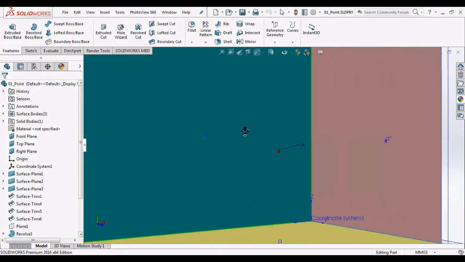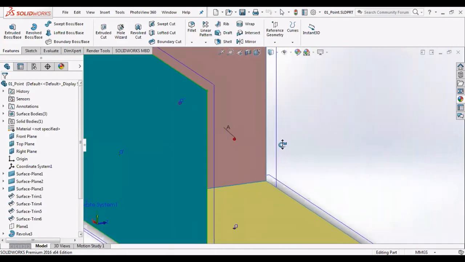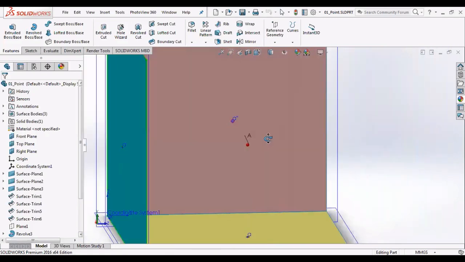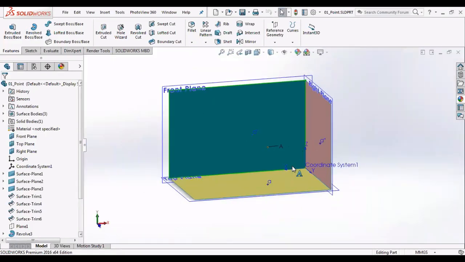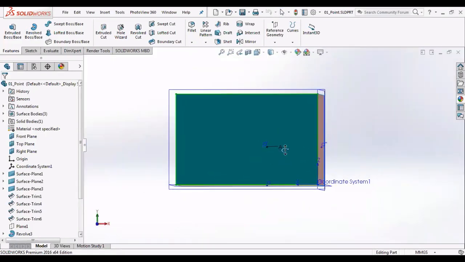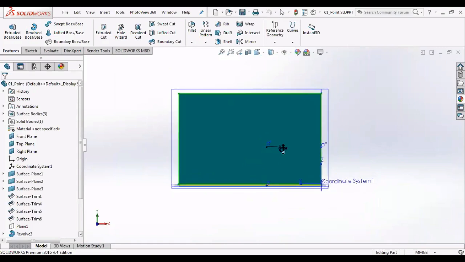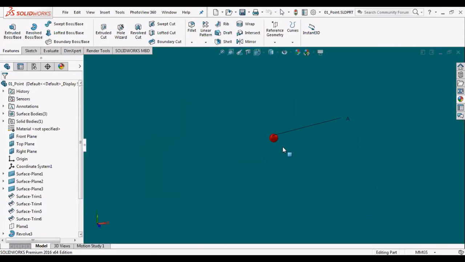It doesn't lie on any plane, it's in space. We will project it as an orthographic projection, a 90-degree projection to the front plane, the V plane, and we will generate this point.